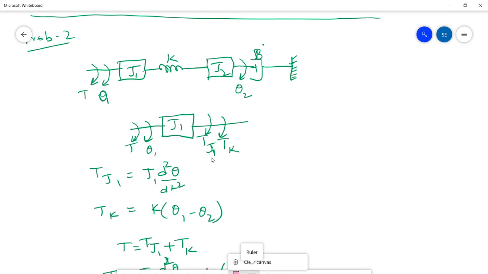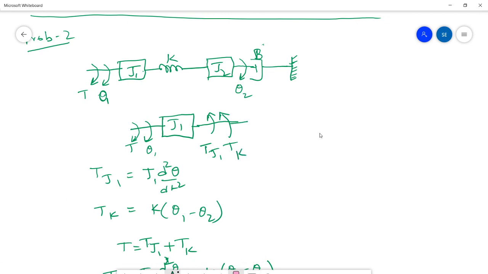The forces due to Tj1 and Tk are opposing forces, so the direction we have to give is the opposite direction, right? So I'll write down here itself, Tj1 and Tk.